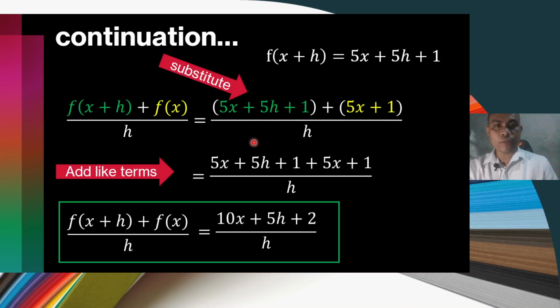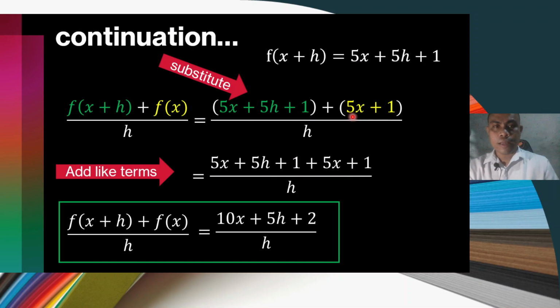After that, we delete the open and close parentheses. So, we just copied 5x plus 5h plus 1. And here, some have a minus sign, but in our formula, this is a plus. So, it's easy. Just multiply our operation to the sign inside.